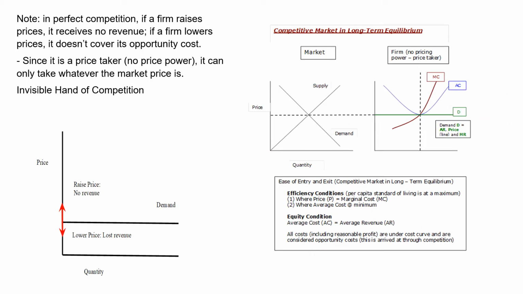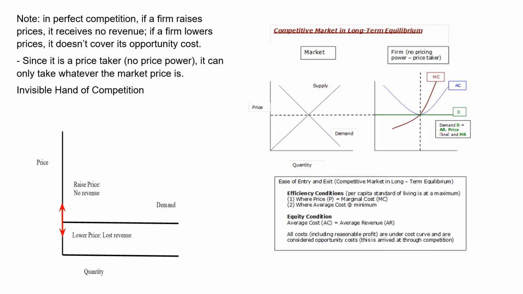So again, to reinforce this idea of having no price power, no market power, the competitive firm, or the perfectly competitive firm, or purely competitive firm, can't dictate prices. So using corn as an example, you've got your truckload of corn, you want to sell it at the market, at the granary or whatnot, and you get whatever the price is out there.